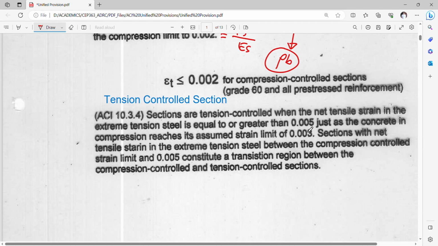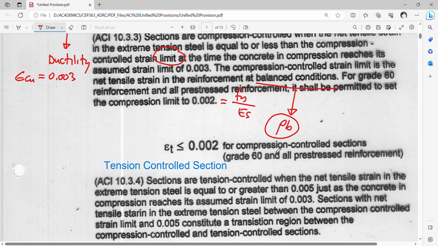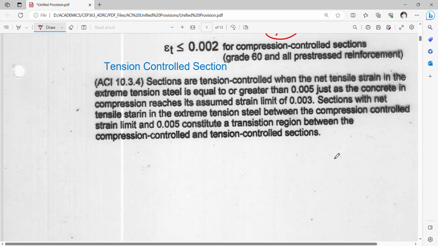So you will be noticing that we are actually increasing the net tensile strain, while in the old codes we are decreasing your reinforcement ratio into a smaller value for us to make ductility achievable. So here we are decreasing rho, while in here with the limit for tension control, we are actually increasing the strain.